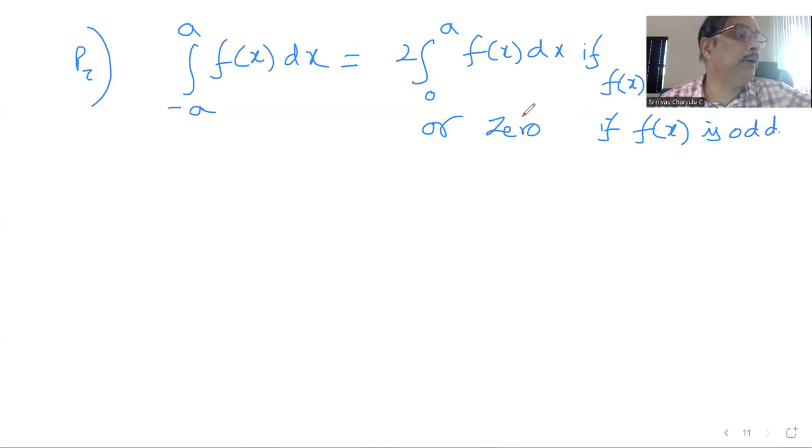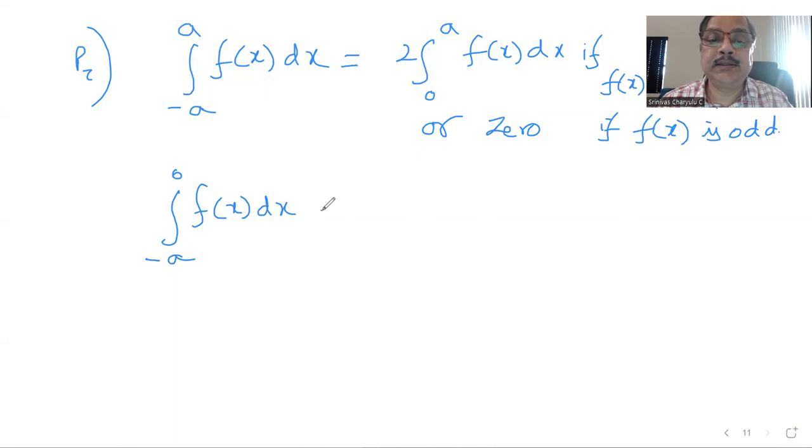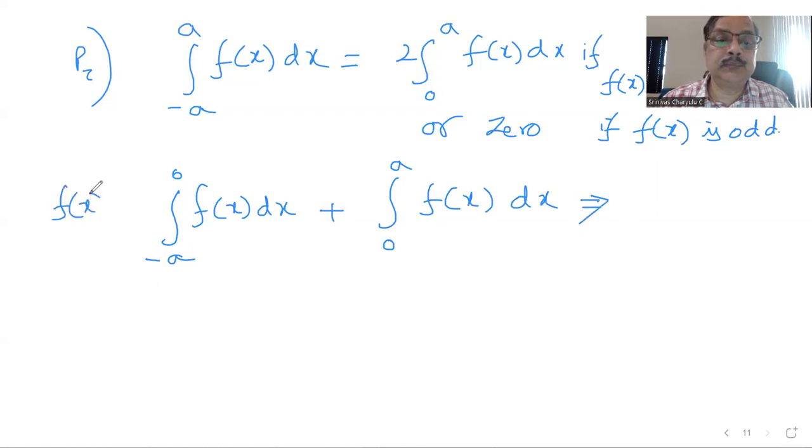So now, how did we do previously? We know that this can be written as integral minus a to 0 f of x dx plus integral 0 to a f of x dx. This I have split now like this.